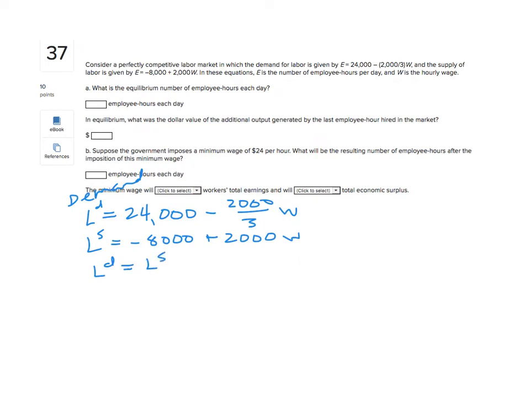So we can solve this by setting 24,000 minus 2,000 over 3 times W equal to negative 8,000 plus 2,000 W. I'm going to add 2,000 over 3 W to both sides, and also add 8,000 to both sides, and that's going to get me the following.